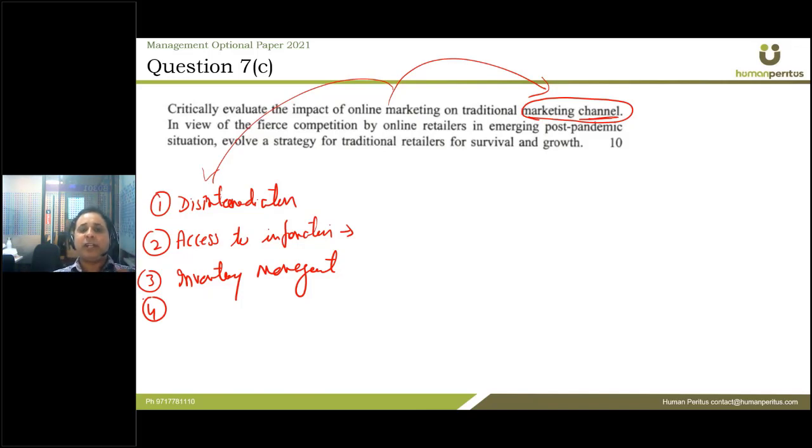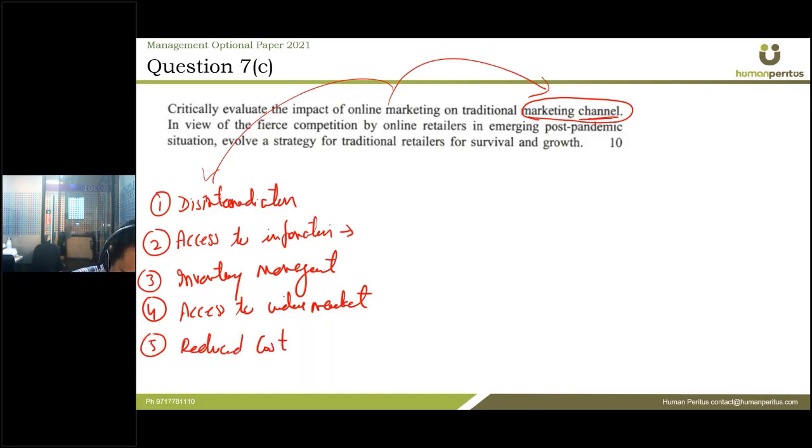Then what else? Because of this online marketing channel, we have got access to wider market. And similarly, guys, you can even build up more points like this has reduced cost also. Okay.